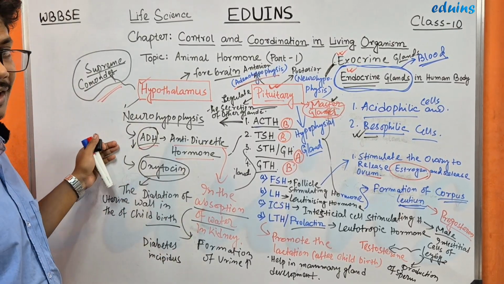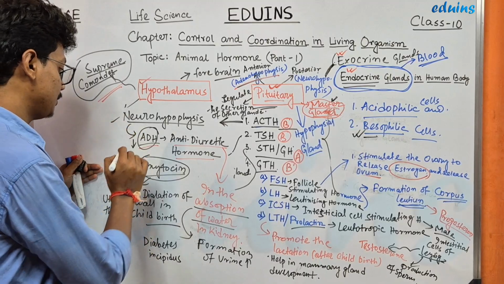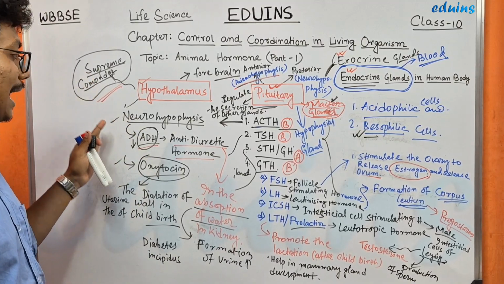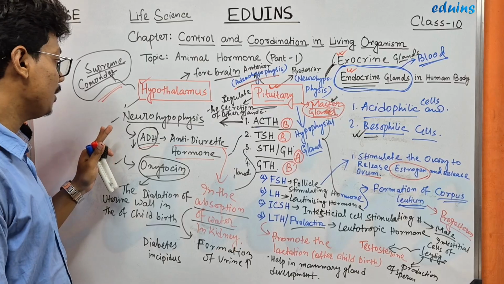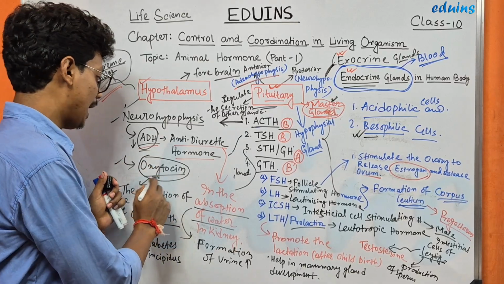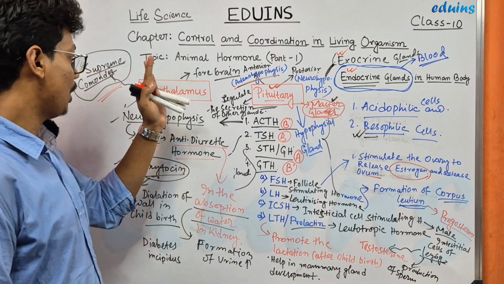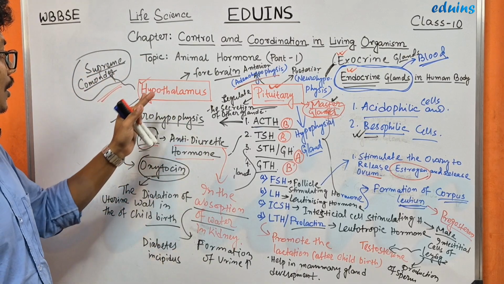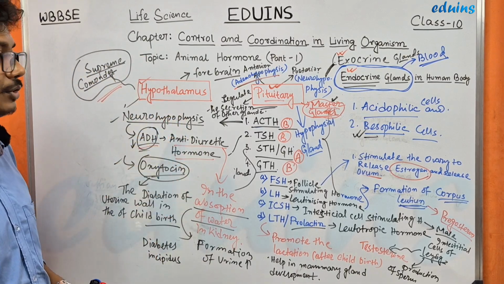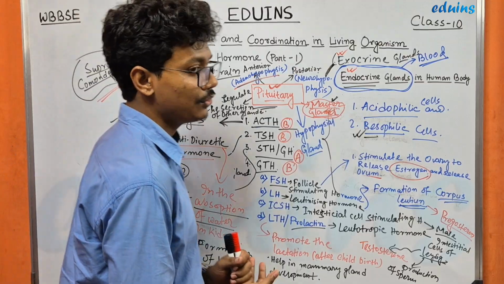Okay, so these are the main functions of hormones released from the posterior pituitary, that is ADH and oxytocin. So that is all about the hormones and their functions released from the hypothalamus and posterior pituitary.